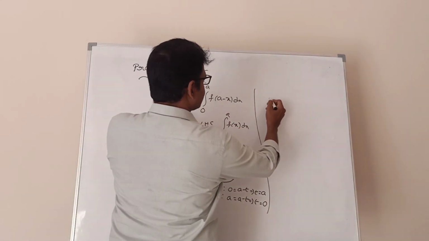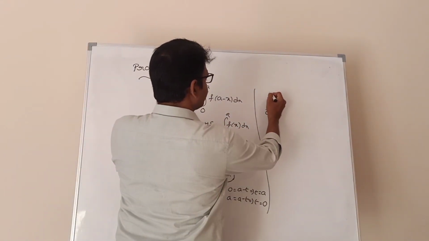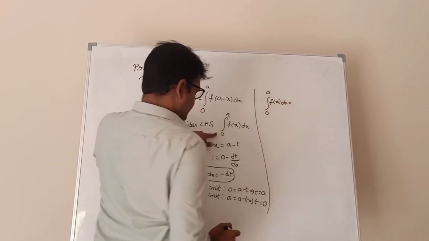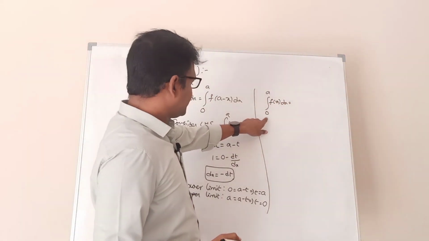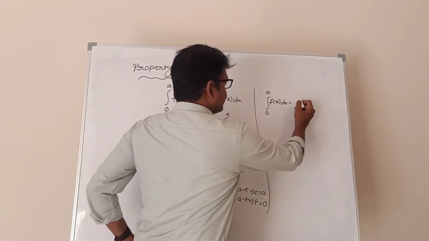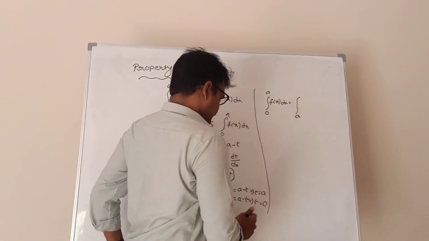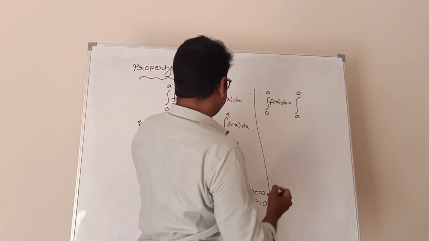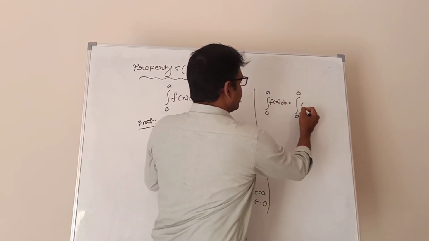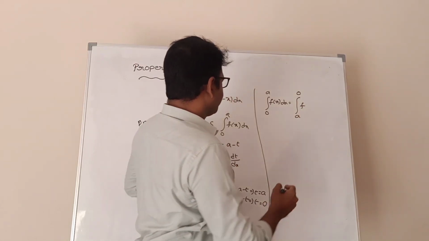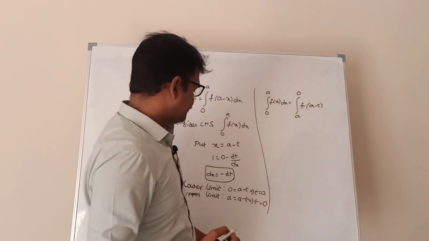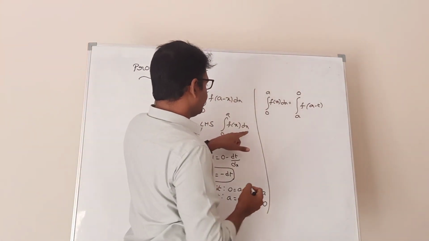Now change every value of LHS. 0 to a f of x dx is equal to, lower limit is how much? Lower limit we got a. Upper limit 0. Next, f of x, in the place of x we are replacing a minus t, into dx.